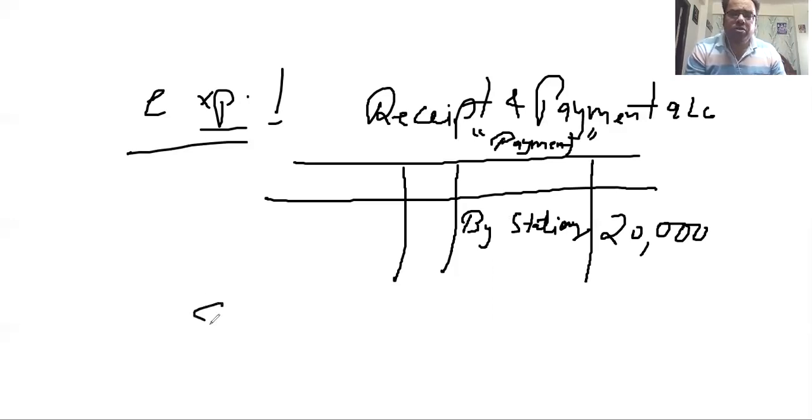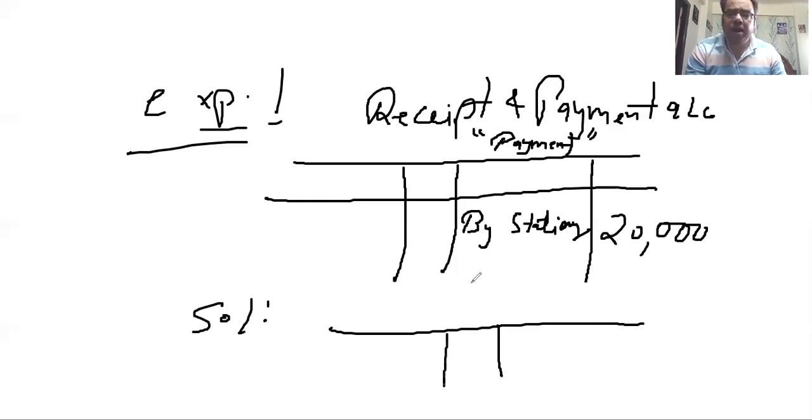So what will be the solution of this? While preparing the income and expenditure account, on the debit side you have to simply write 'To stationery', because it is considered a revenue expenditure, 20,000.